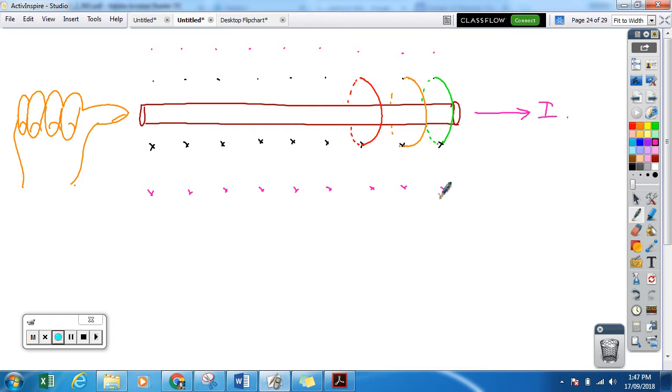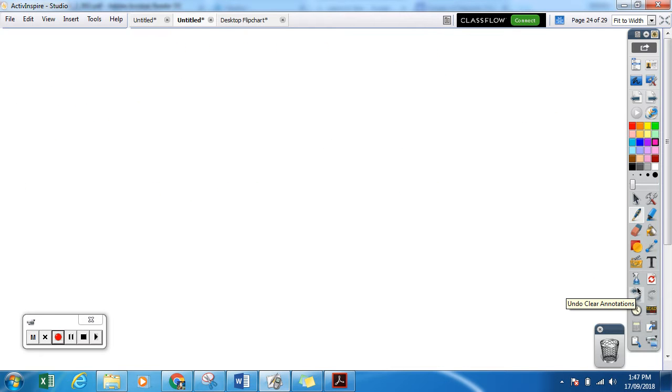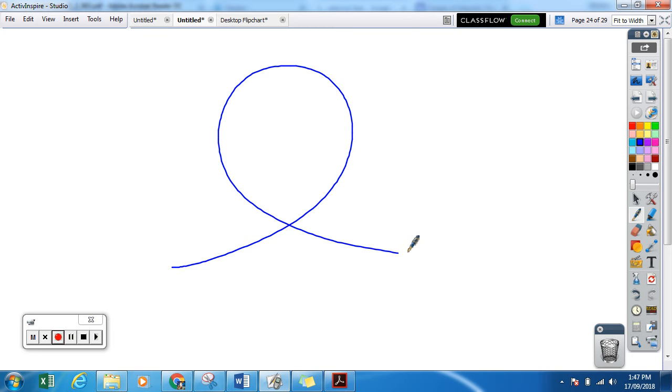Now if we want to bend this in some way, let's bend our conductor. So let's put a conductor which is a very generous loop like this, and the current is going this way as well. All we need to do is take any point. So let's take this point up here and work out the direction of the current at that point.